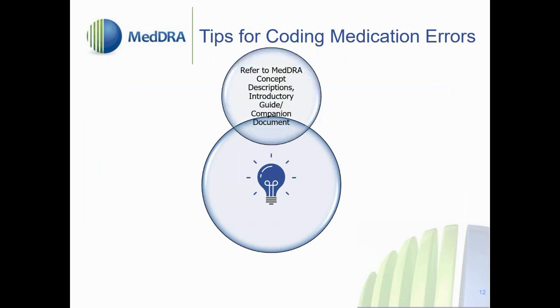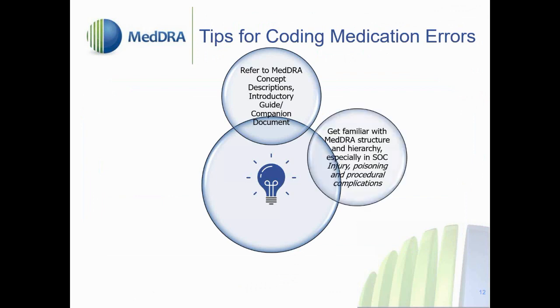For coding product use errors and problems, the following tips may be helpful. First, you should be familiar with the MedDRA concept descriptions and the points to consider guidances so that you know where to find more detailed information, where to find more guidance for this topic.